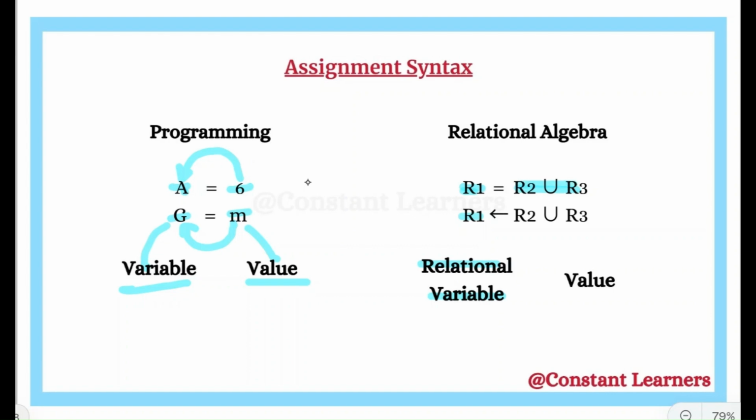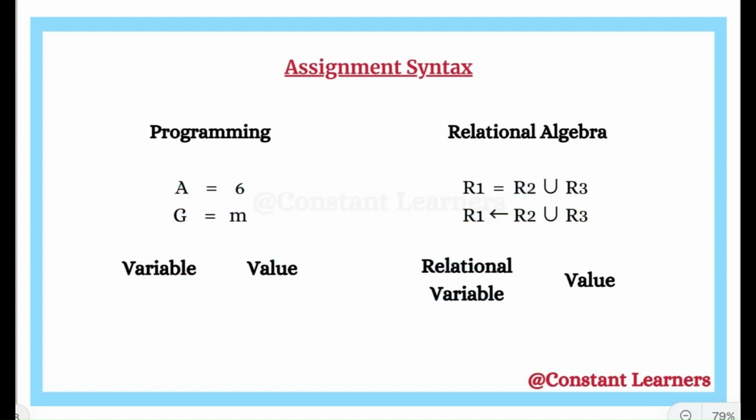So we are assigning the output of this expression to the variable R1. Now this can be done using the assignment operator. The assignment operator can either be is equal to or an arrow facing towards the left hand side. This means that we are assigning the result of R2 union R3 into the variable R1.